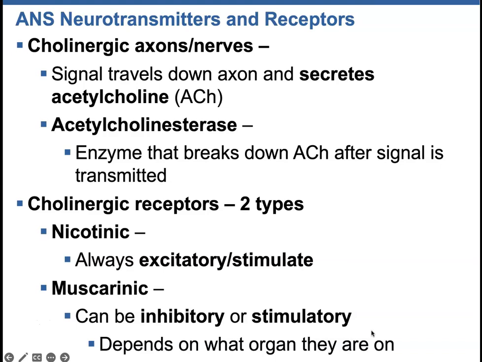So, the two types of cholinergic receptors we have for your parasympathetic system are nicotinic, which are always excitatory, and muscarinic, which can be inhibitory or stimulatory, depending on the organ. What I also want you to note is that acetylcholinesterase is the enzyme that cleans up acetylcholine from the synapse, where the neuron that secretes the acetylcholine meets the target organ.